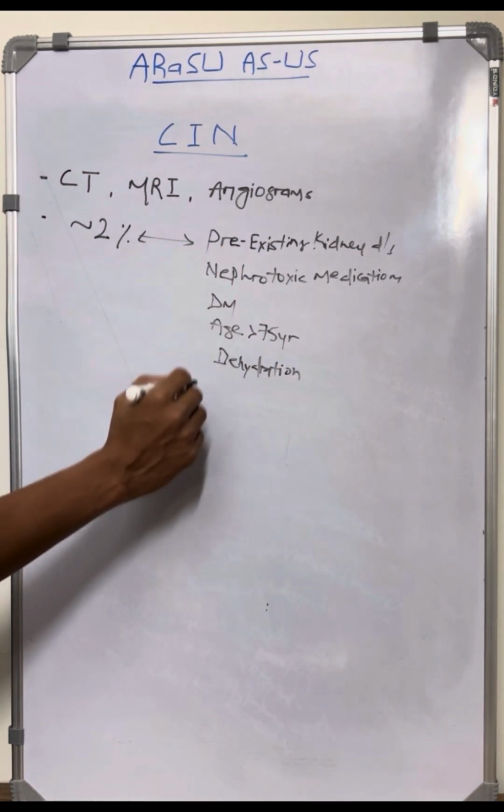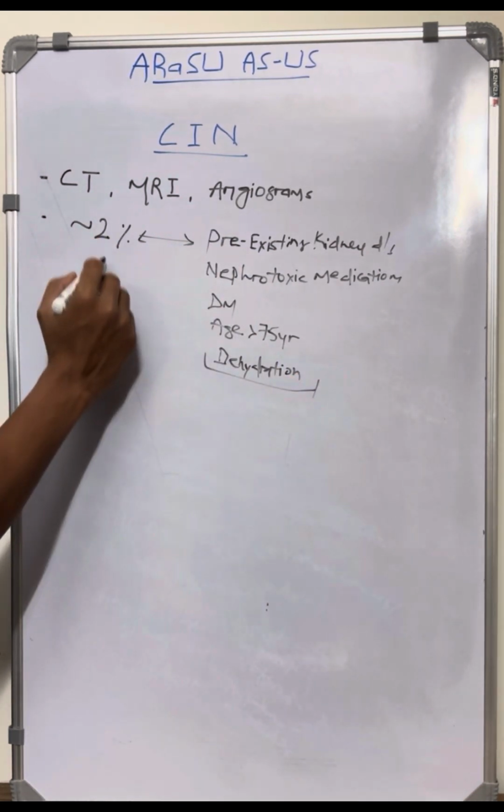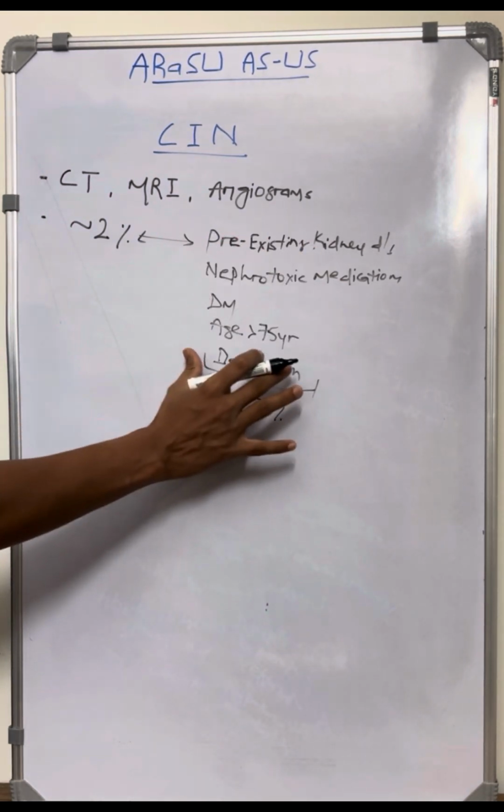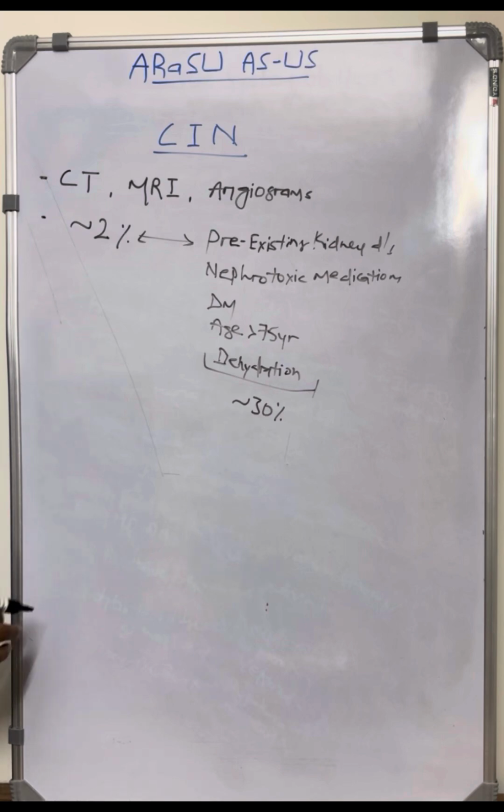In these populations the incidence will increase from 2% to about 30%. So these are the people who are at risk of developing contrast-induced nephropathy.